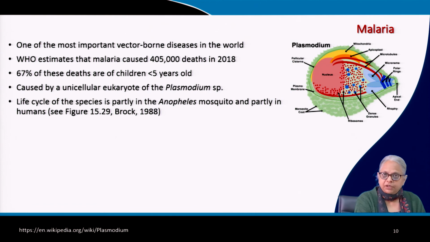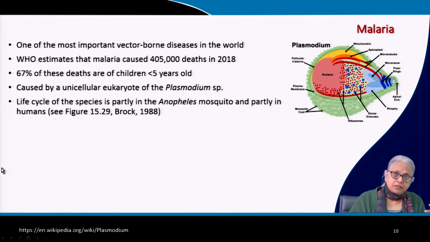So let's say you have an infected human being, and you have the infected merozoites that are present in the red blood cells of the infected person. They will actually be expelled into the blood, and they will be producing haploid cells, and these haploid cells are the gametes of the actual diploid cell, which will then further reproduce.